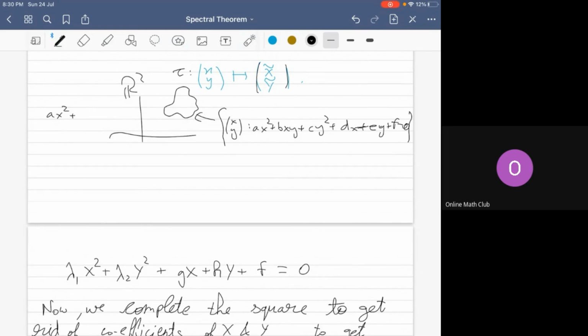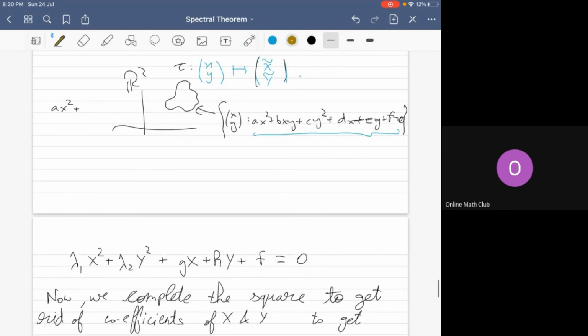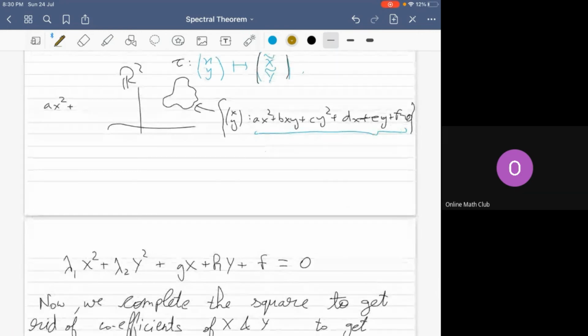And we just showed that in terms of x tilde y tilde, this equation is given by an ellipse like lambda 1 x tilde squared plus lambda 2 y tilde squared is some constant p.